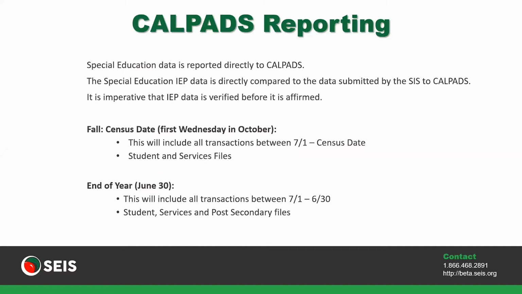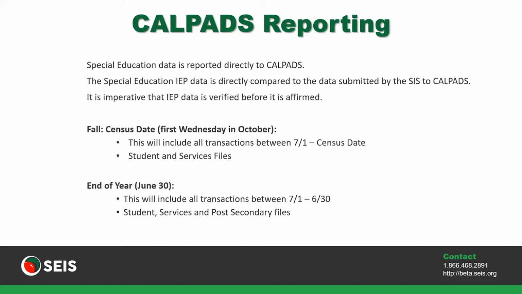So this information needs to match. It's super important that when you're entering IEP information, it is verified before it is affirmed. You want to make sure first that you're on the correct student. You also want to make sure your meeting type and your meeting dates are correct. We'll talk more about this. It's really important, so you'll probably hear me say it over and over again, but it's okay. Just remember, it's super important.